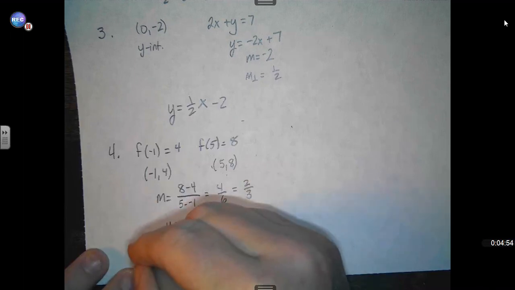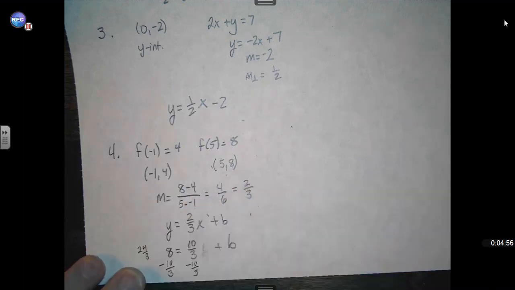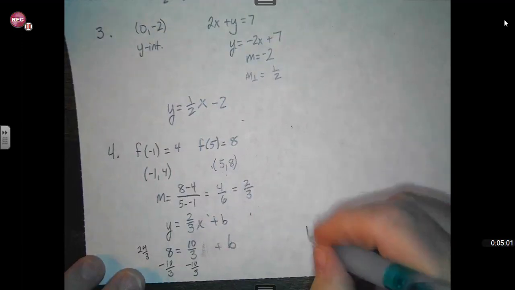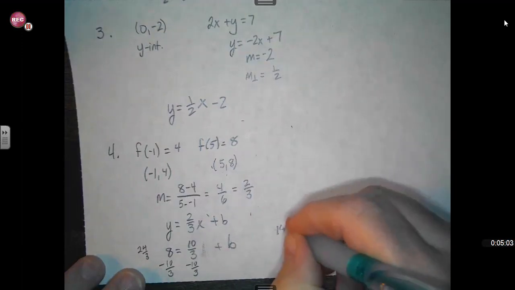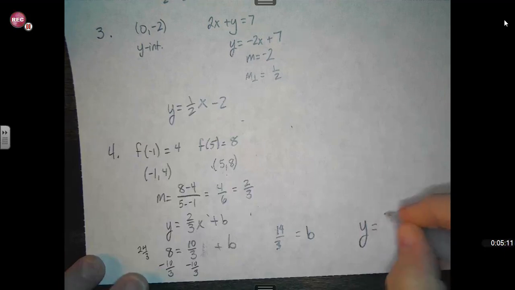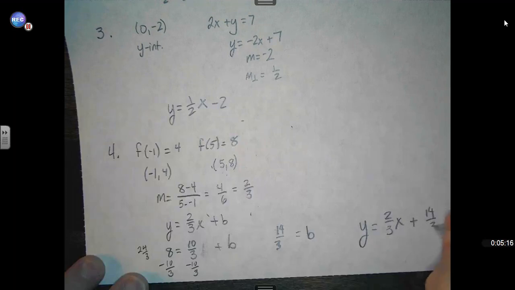And then I'm going to subtract 10/3 from both sides. And 8 is 24/3. So 24/3 minus 10/3 is 14/3. And so my answer is y equals the slope 2/3 x plus the y-intercept, 14/3.